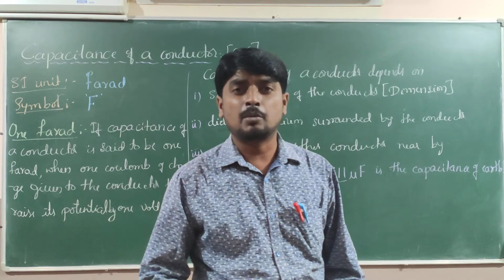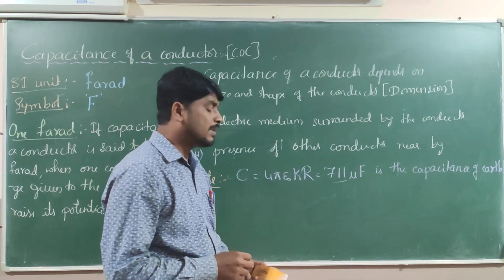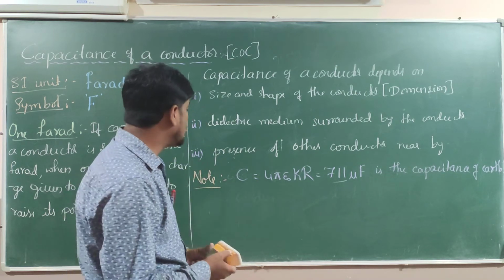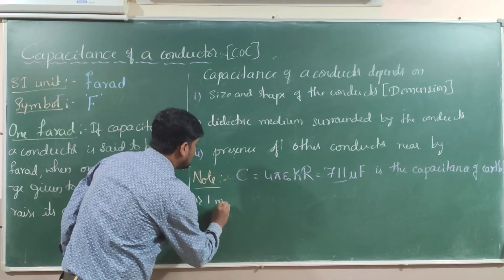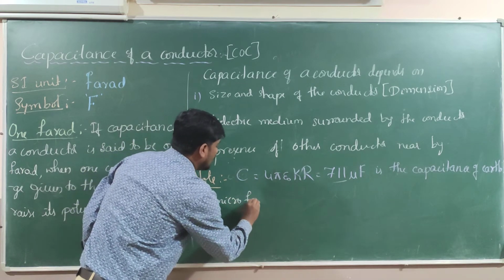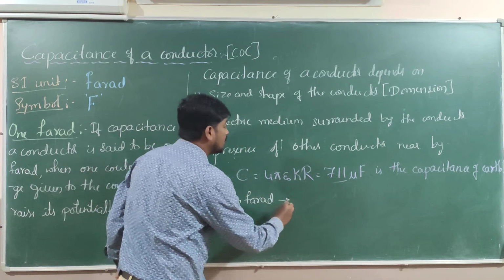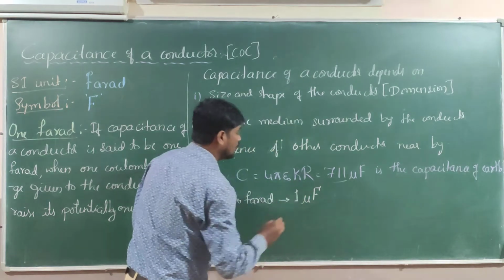That means C is directly proportional to the radius. Since the farad is a very big unit, we have adopted some smaller units to measure. Number 1: microfarad, that is 1 μF.